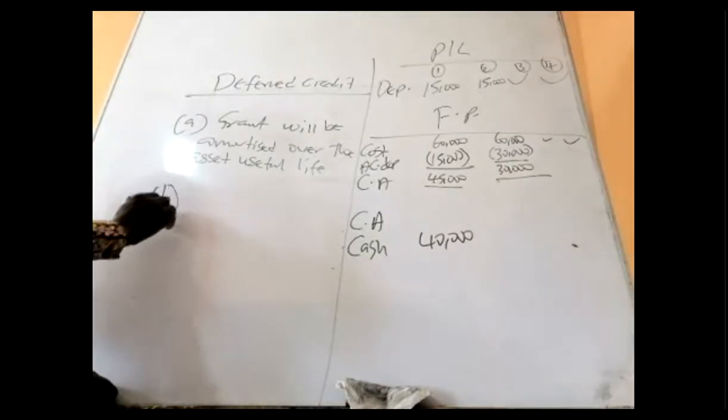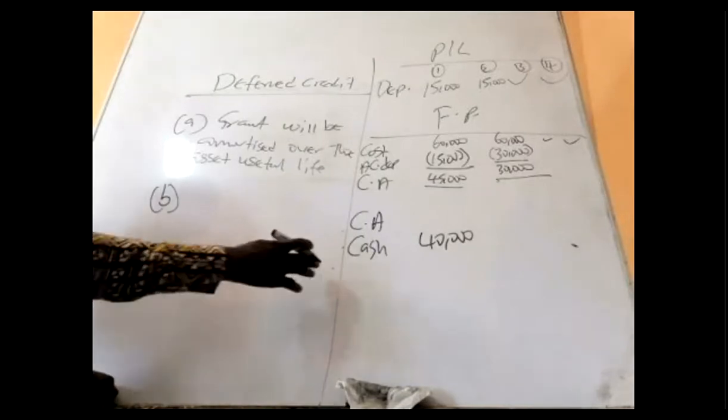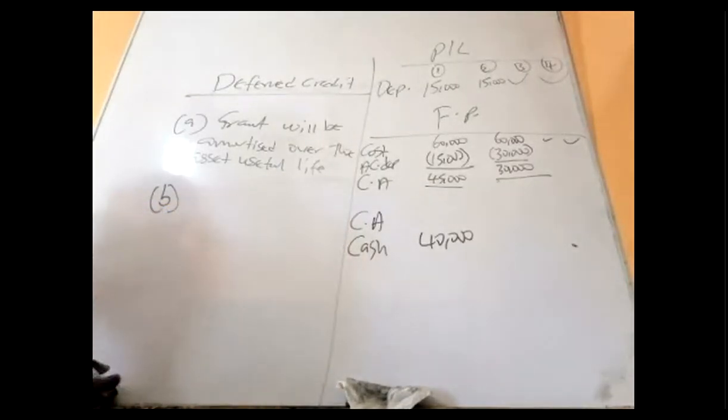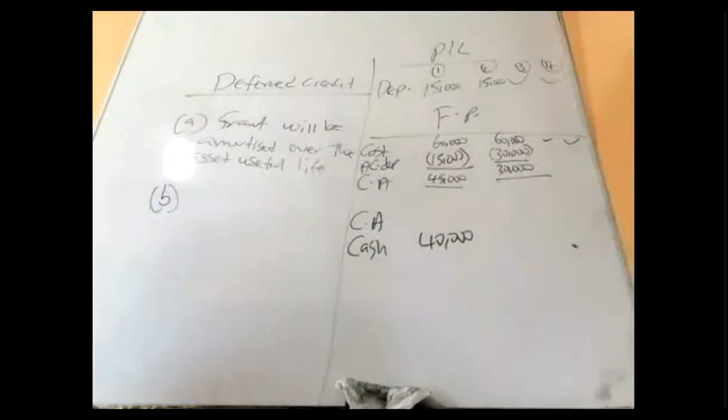Two. At the end of every reporting period, a portion of the grant will be released to the income statement, or the P&L, to offset the higher depreciation charge.